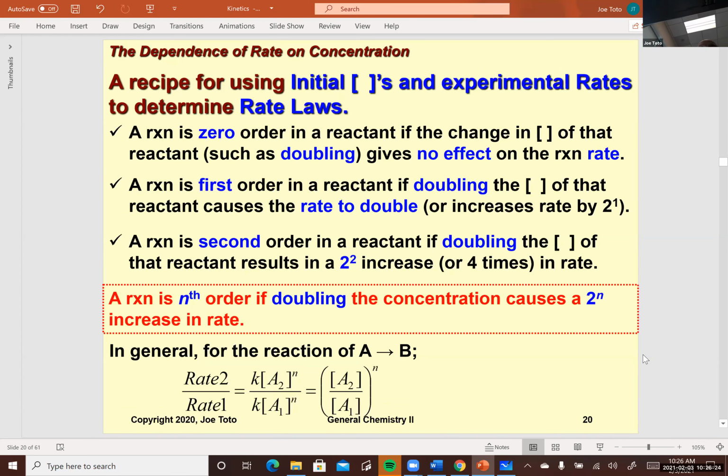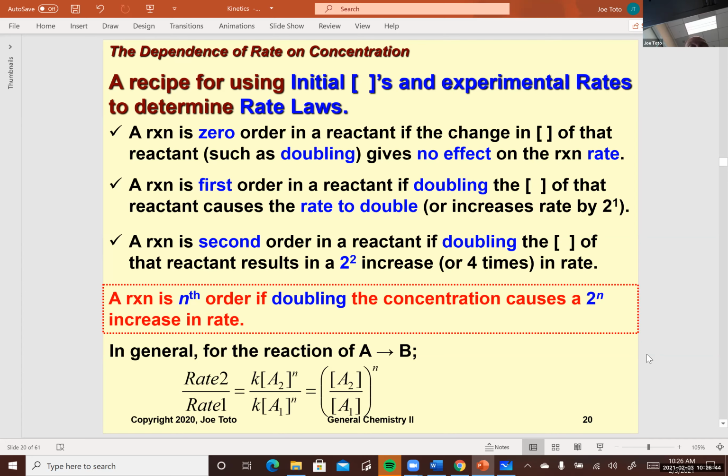Now, there is a way to determine the exponents in a rate law, the x and the y, and also the k, purely mathematically and using experiment.